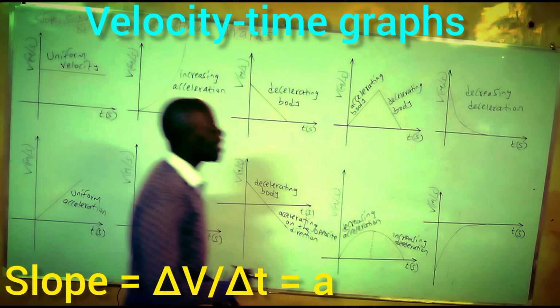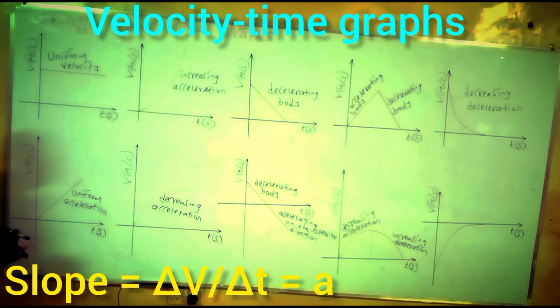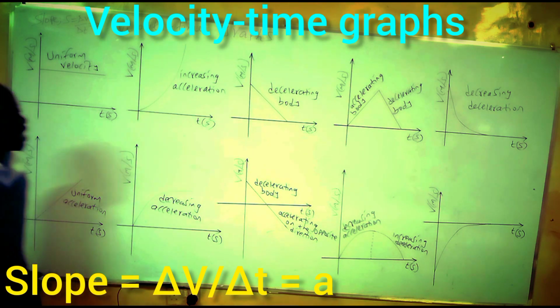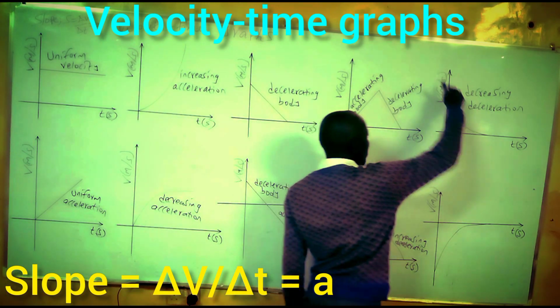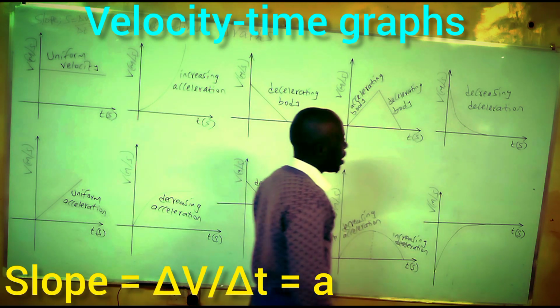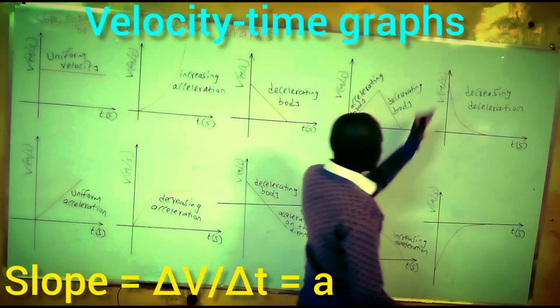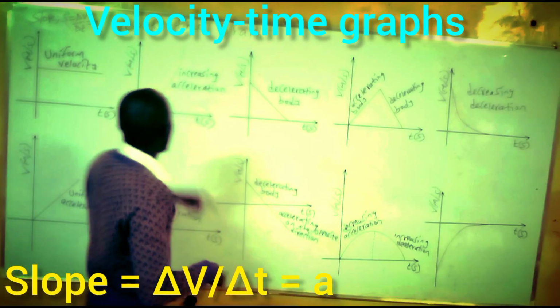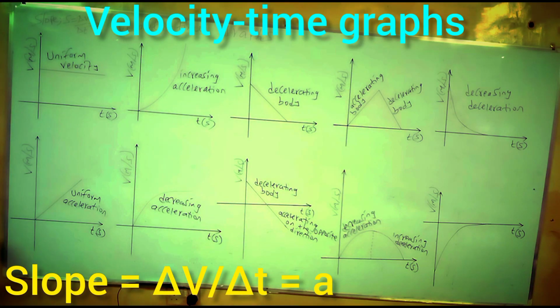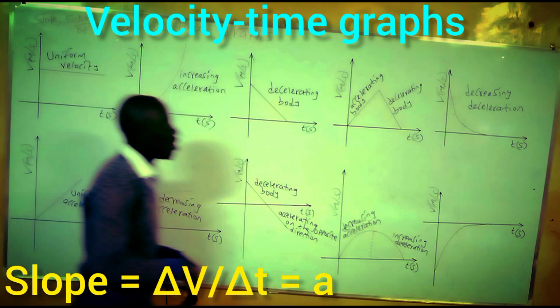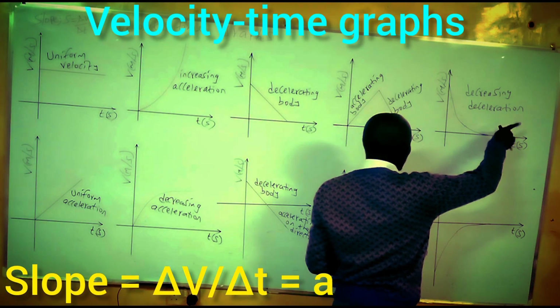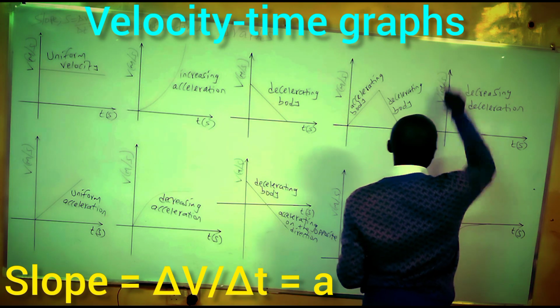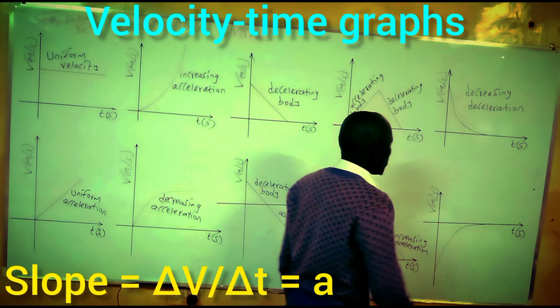The reason we are saying it is deceleration is because the slope of this curve is negative. Remember, as long as the left hand is above the right hand, slope is always negative, and when the slope is negative, acceleration is negative, and negative acceleration is called deceleration. So it is decreasing deceleration, because the slope is decreasing, and the final velocity is 0. That means the body is decelerating.